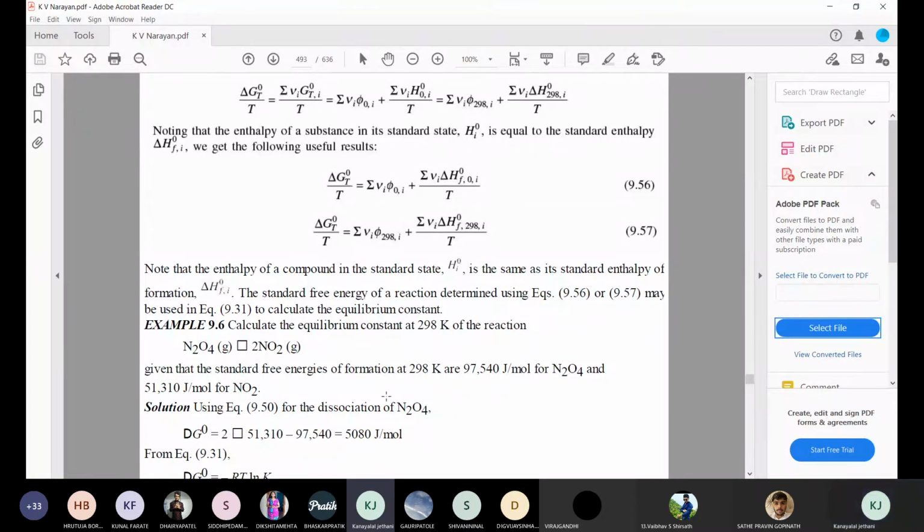It's simple, do it. Let's see who can do it. It's just a simple substitution of the formula I showed. The product value is given, the reactant value is given, find out the equilibrium constant at 298 from delta G. So find out delta G at 298 and from there you can find out the value of K.